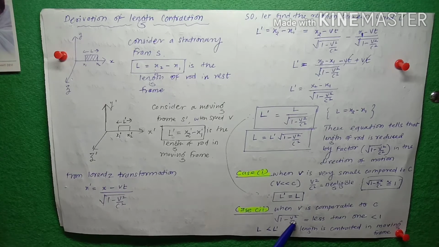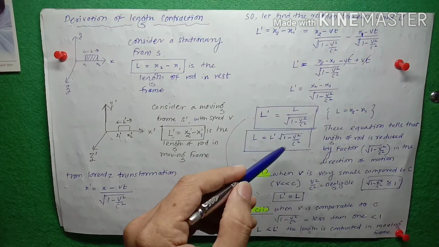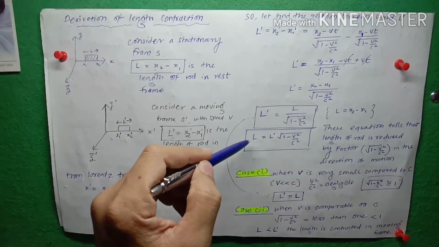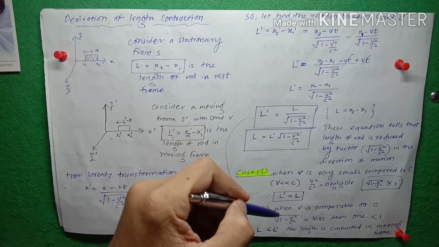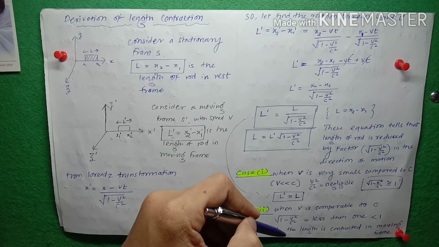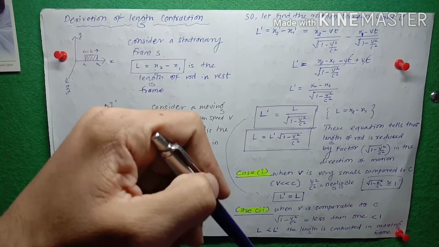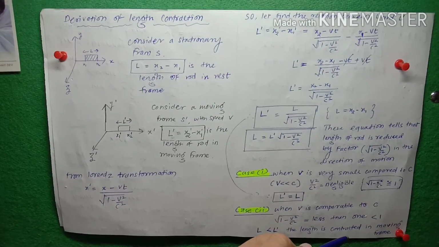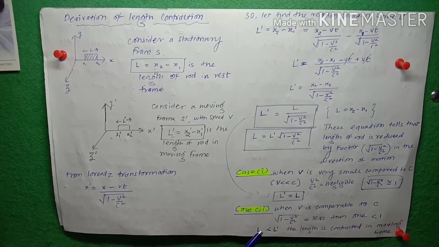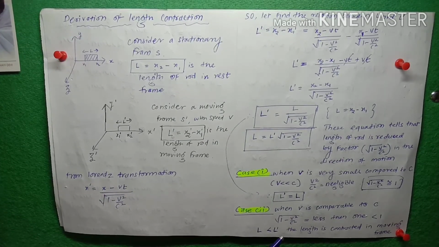When this quantity is less than 1, the length observed by the moving frame will also be less. Therefore a person moving in that frame, when he sees the length of the rod, will observe that the length of the rod is contracted. Therefore L dash is less than L.